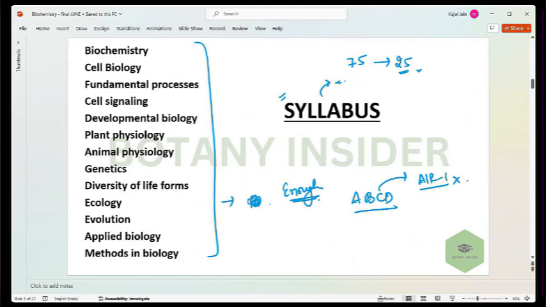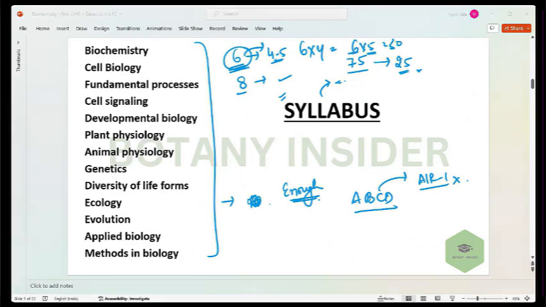What you can do at max is, see, I tell you one thing. Students say, ma'am, I have done only 6 units, is this enough for the paper? I have done only 8 units, is this enough for the paper? Just think about it. You have 75 questions in part C. If you're doing 6 units only, and on average from every unit you get 4 to 5 questions in part C, let's say 6 into 5, from every unit you got 5 questions.